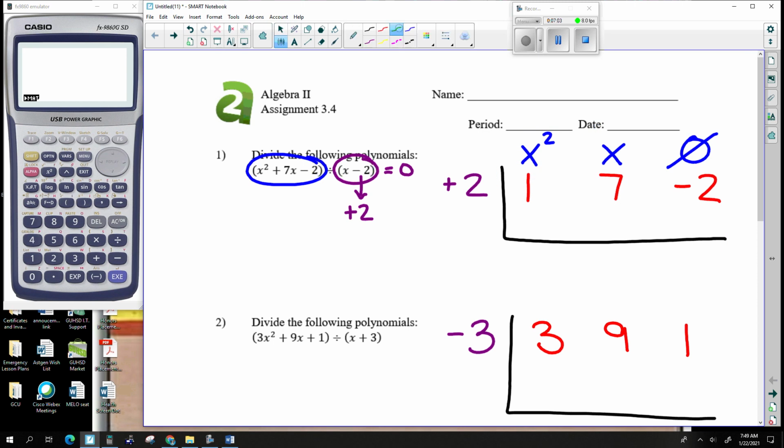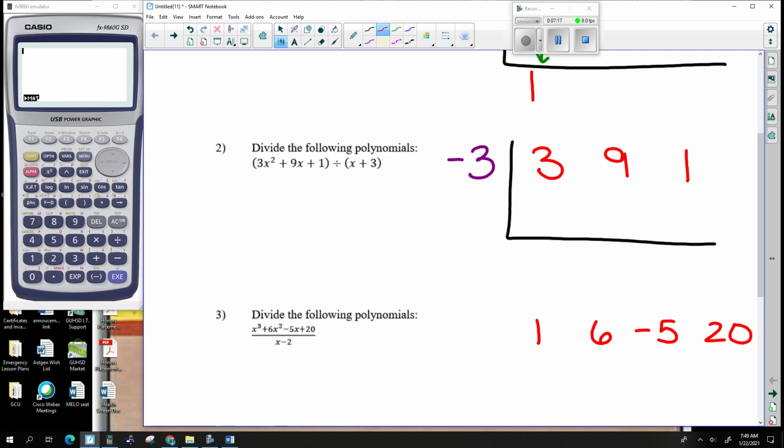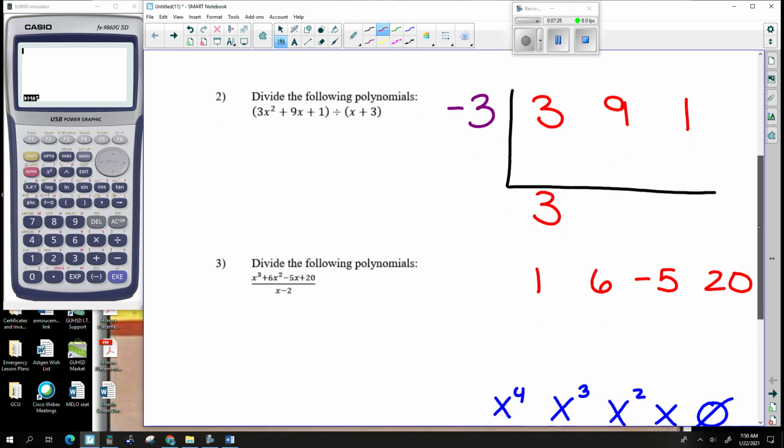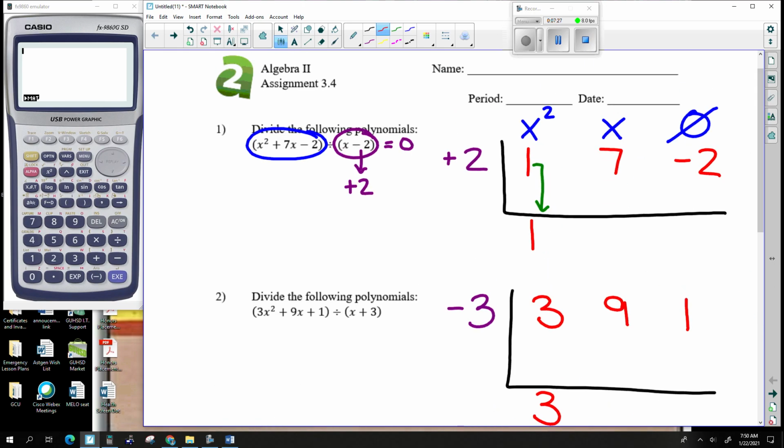All right. So the first thing that you do is you drop down this number and you write it underneath. So that number automatically gets a pass. So I drop the very first number, right? So in the second one, I automatically drop this 3. It automatically gets below that line. Okay, so you drop that first number, whatever it is.